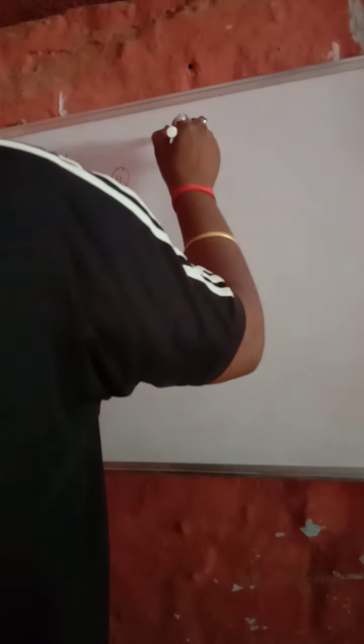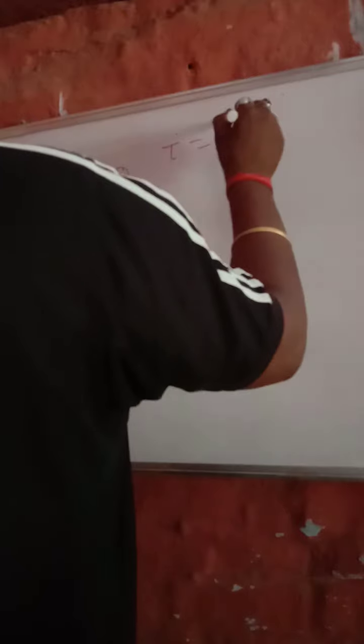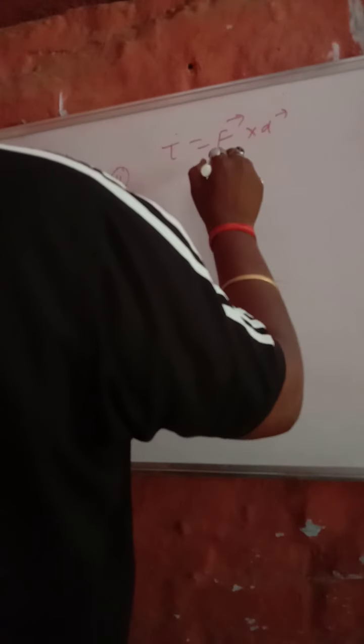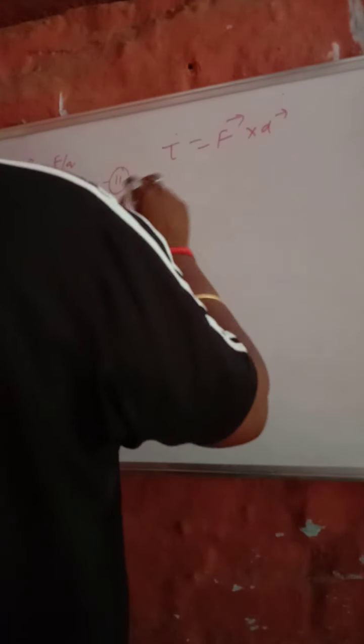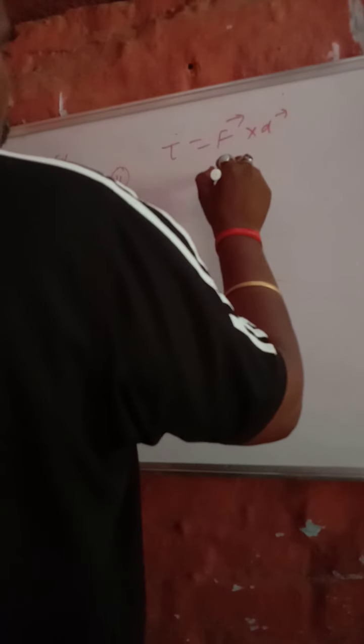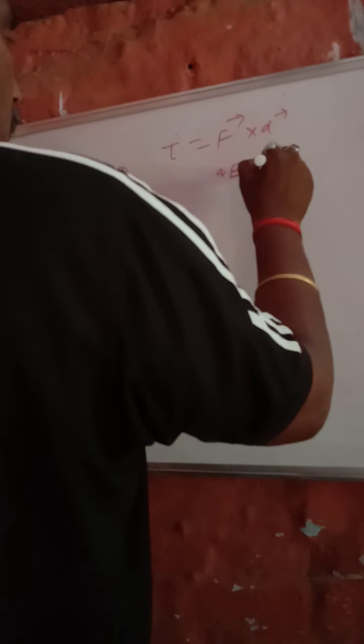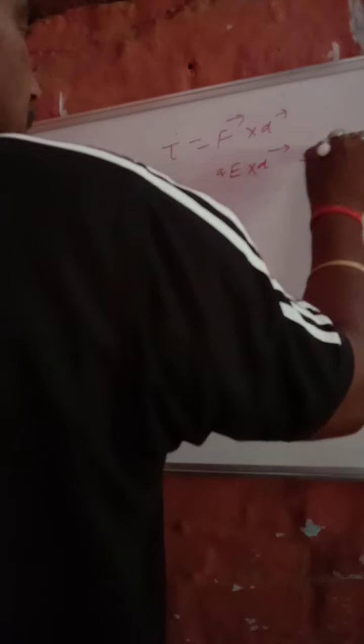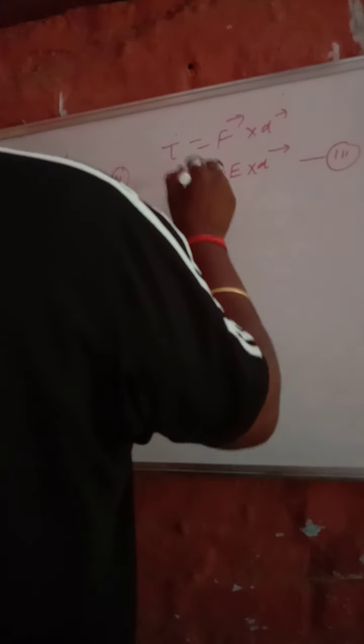Tau is equal to vector F into d, so tau is equal to QE into d. Now we find the third equation.